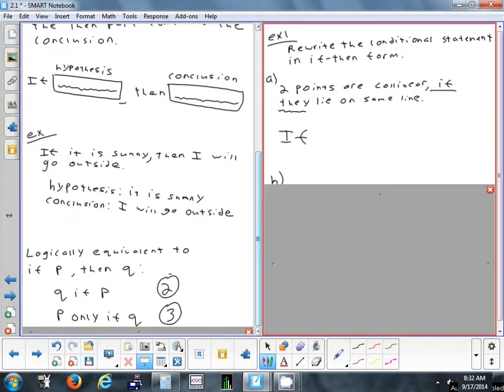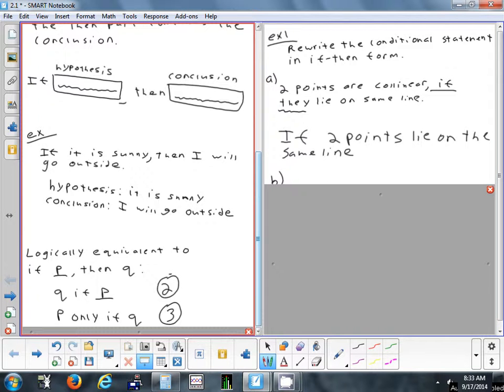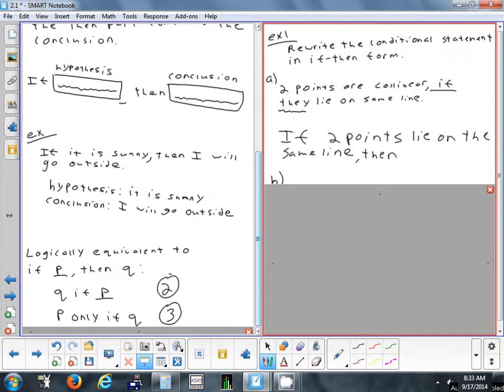We can't say they lie if they lie on the same line. If what lies on the same line? If 2 points. If 2 points lie on the same line. That's the ending part, P, which goes right after the if. Then, now I can use the word they.